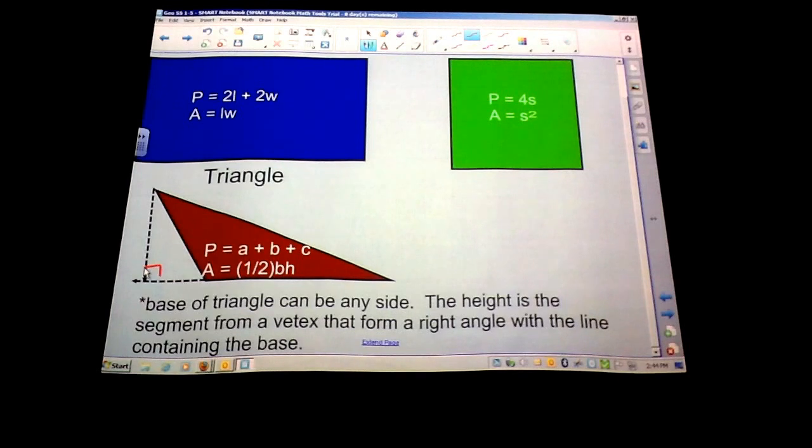We've got to look for a right angle that would contain the line that contains the base that would go up to the vertex. So right down here I said the base can be any side. The height is a segment from the vertex that forms a right angle with the line containing that base. So this would be the height if we're using this for the base right down here.